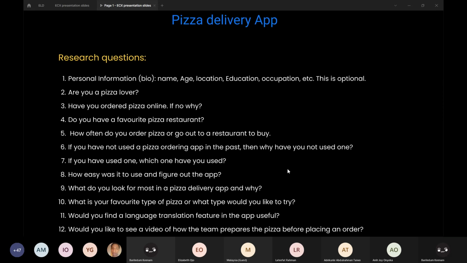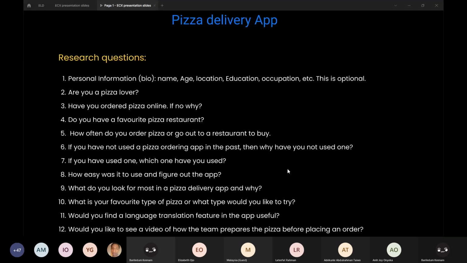Some people are too lazy. Sorry, some people prefer going to the shop to buy their pizza because they feel they can see it and like it. So there are so many reasons why some people have never ordered pizza online. So if no, why? This is an open-ended question. You don't want a yes or no answer.